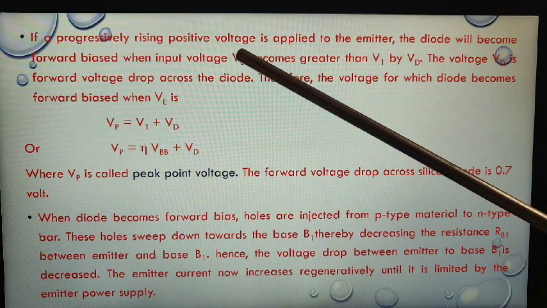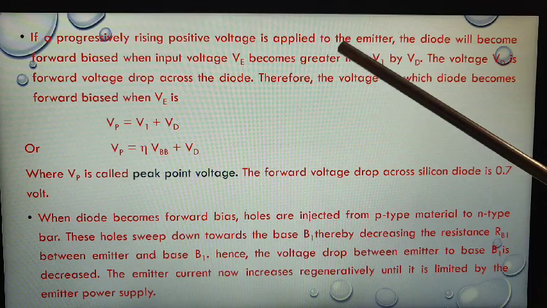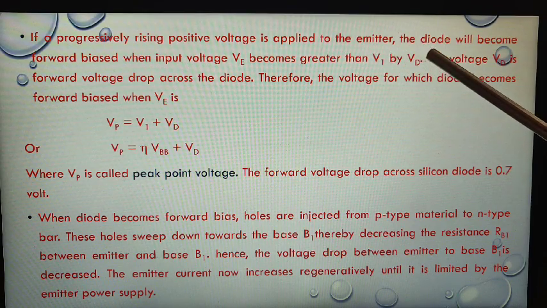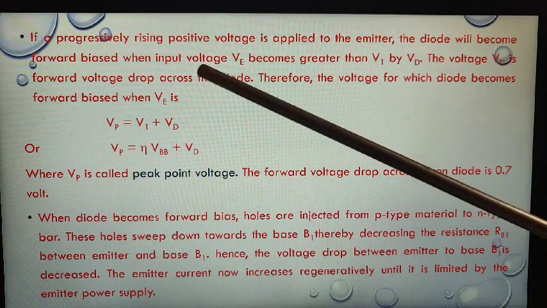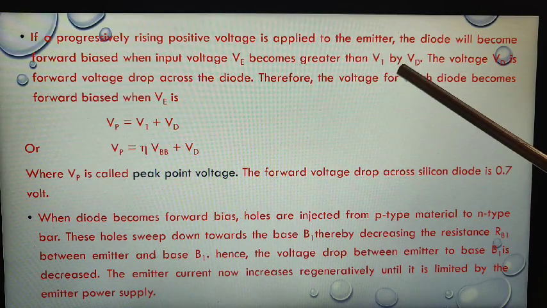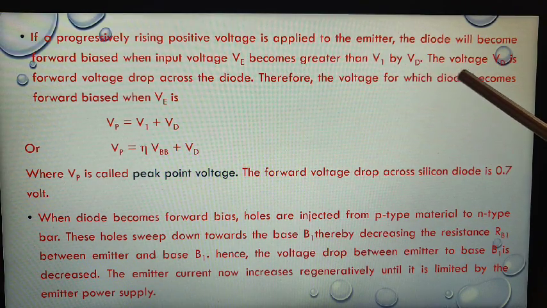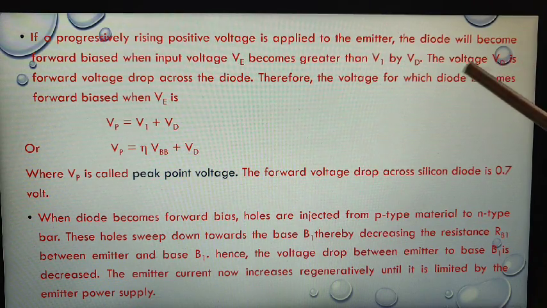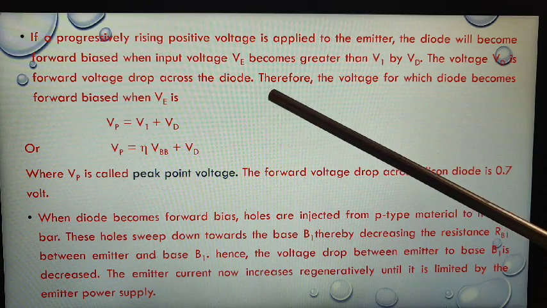If a progressively rising positive voltage is applied to the emitter, then the diode will become forward biased when input voltage VE becomes greater than V1 by Vd. The voltage Vd is the forward voltage drop across the diode.